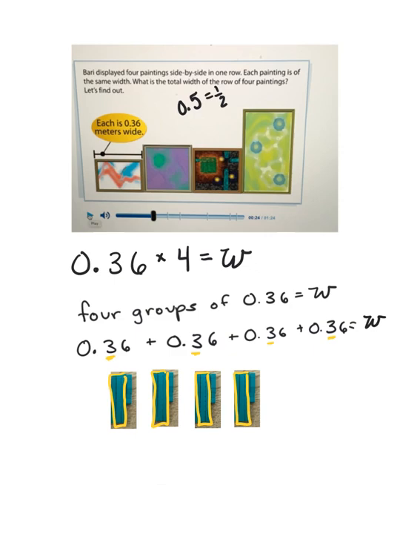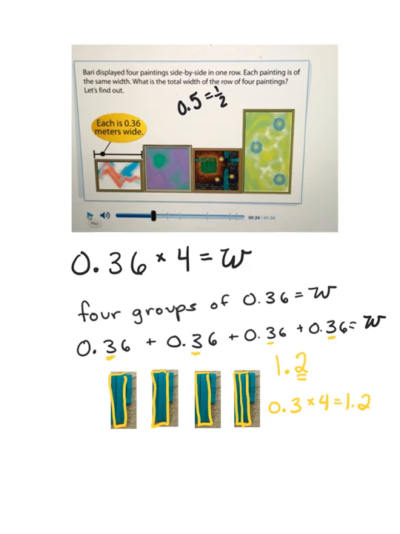And of course, 12/10 is the same as 1 and 2/10. Because I've got 3, 6, 9, 10. So 10/10 is 1 whole, and then 2/10 left over. So that's my 2/10. Okay? So 3/10 times 4 equals 1 and 2/10.